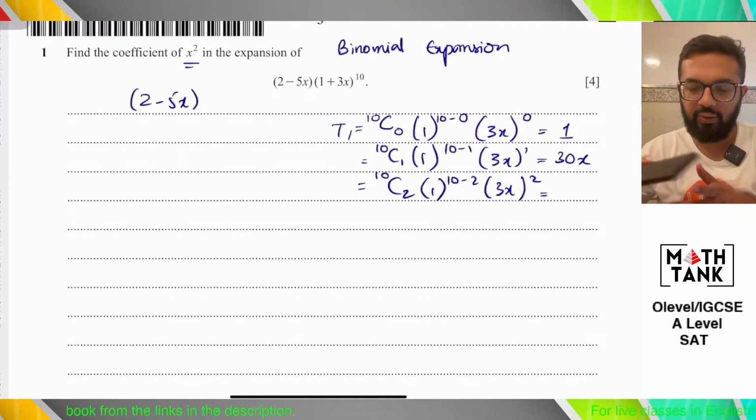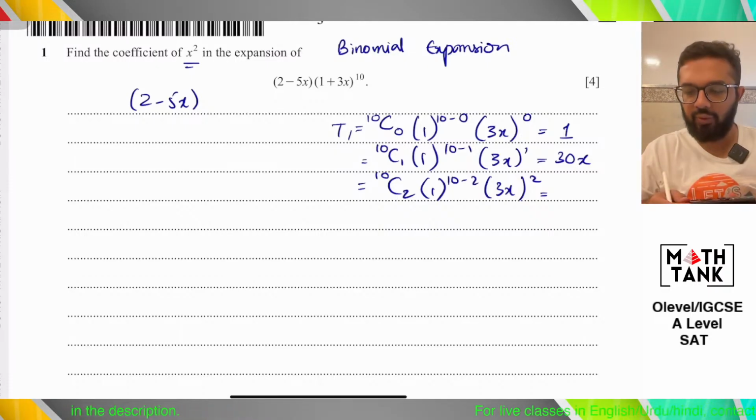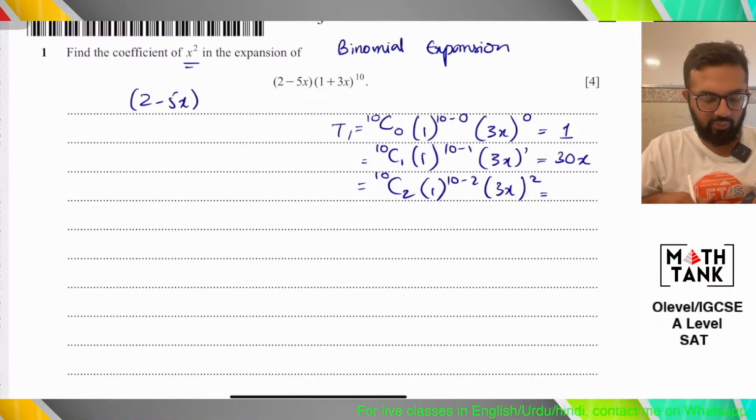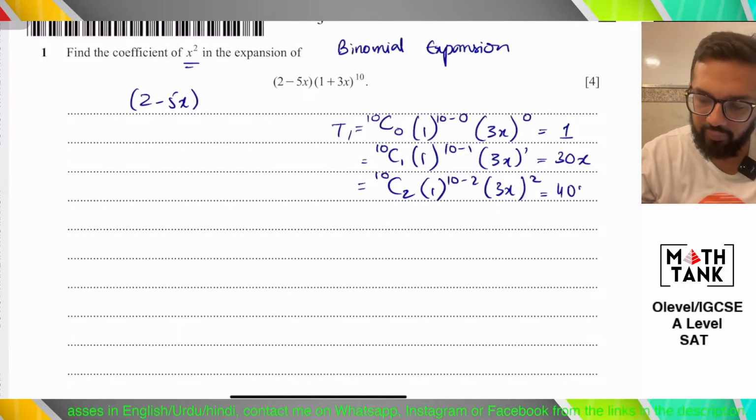10c2 is 10 into 9 divided by 2, which is 45, and 45 into 9 is 405.